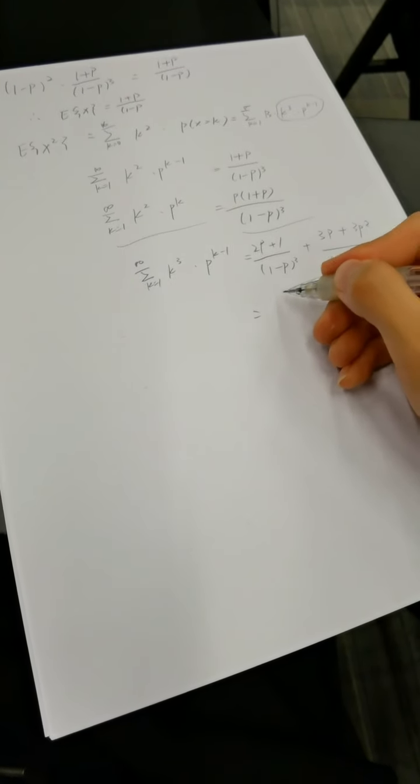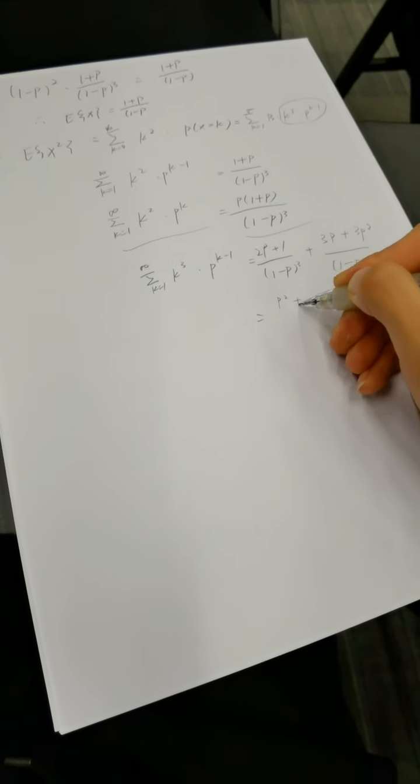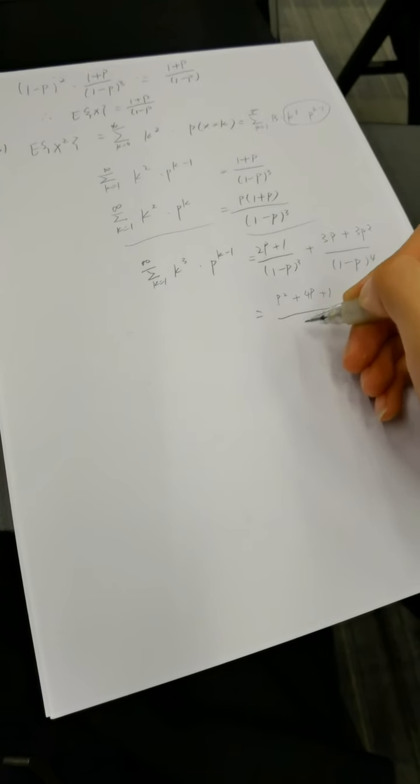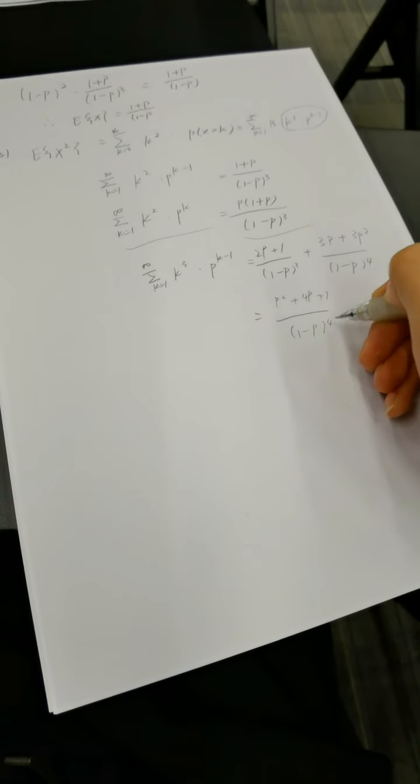So just put these two equations together, we can get p to twice plus 4p plus 1 divided by 1 minus p to the fourth.